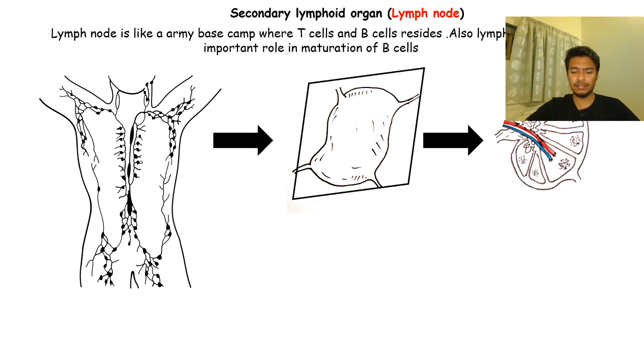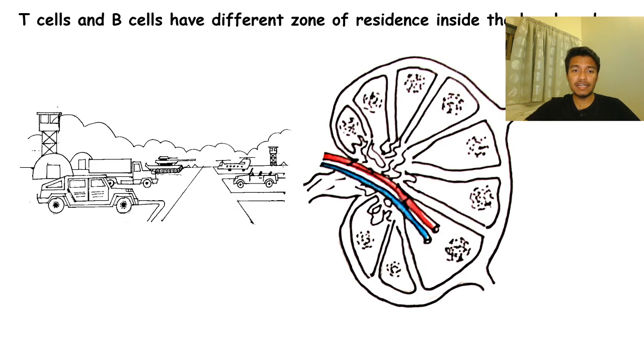Lymph nodes are spread pretty much all across your body. Now the lymph node is like an army base, or army base camp, you might say, because inside the lymph node our T cells and B cells, which are the warriors of the immune system, reside.